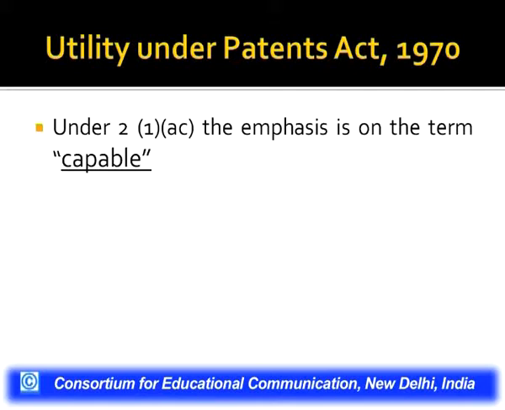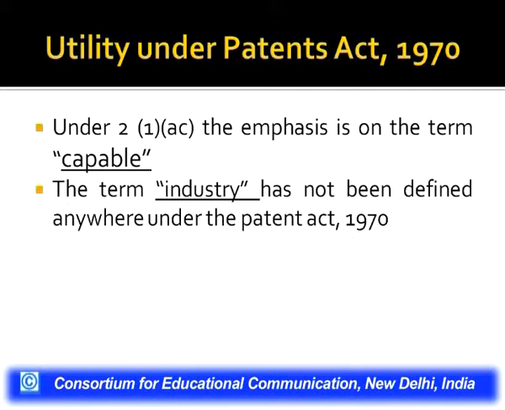Rather, the word capable has been used with the industrial application. It says it must have capability of industrial application. So the emphasis is on the term capable and the term industry. There are two things which one must notice while reading section 21C. One, the word capable, another the term industry.